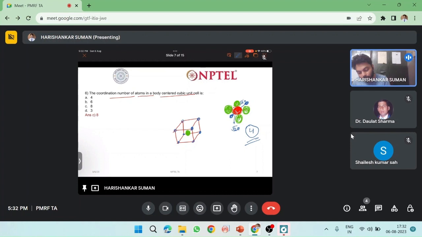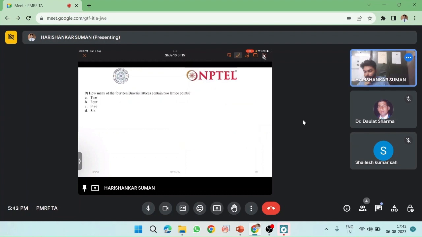You have 7 systems, and cubic also has face centered and body centered like that. One answer is 4, another is 6, another 5. So what will be the correct answer? Please look carefully and understand.